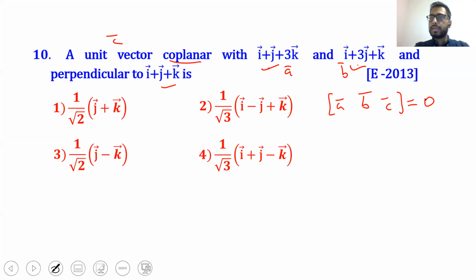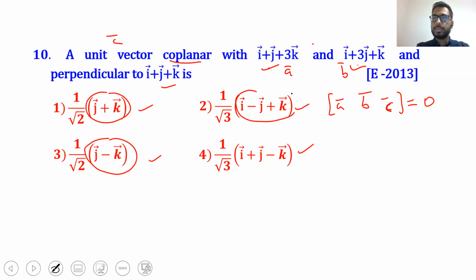I already have my A and B. I don't have the value of C, but the value of C is going to be one of these four options. So instead of solving to get the value of C, I can use the substitution method. I can first assume that C is equal to this term, then C is equal to this term, then this, and then this.